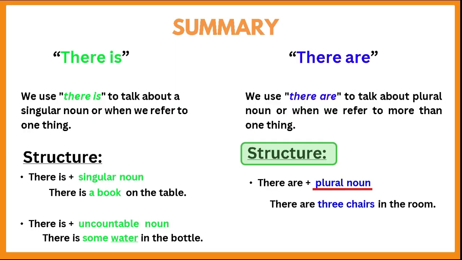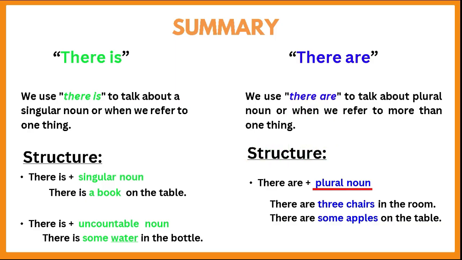Example, there are 3 chairs in the room. There are some apples on the table. So 3 chairs and some apples. Chairs and apples end with an s, so they are plural nouns. That's why we use there are at the beginning of the sentence.